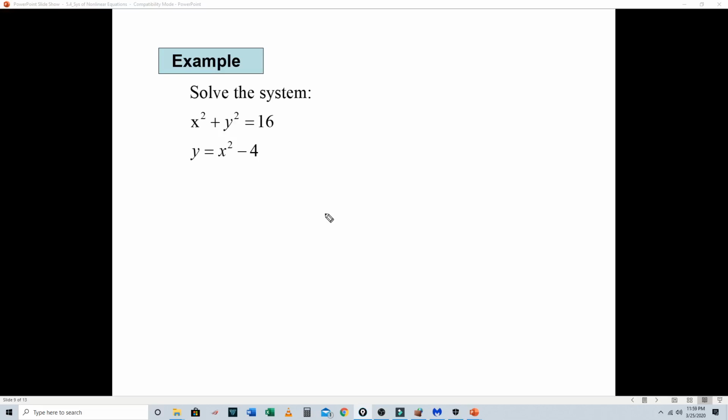So that's going to give me x squared plus y equals 16, and negative x squared plus y squared equals -4. So when you add these together to eliminate them, you get y squared plus y equals 12. So subtract 12 over. Y squared plus y minus 12 is equal to 0.